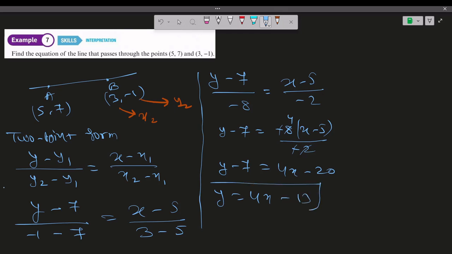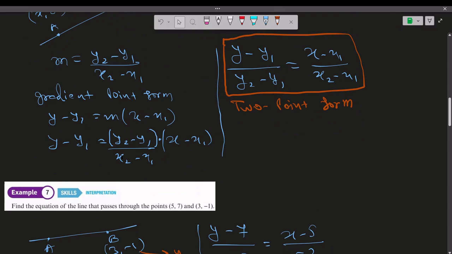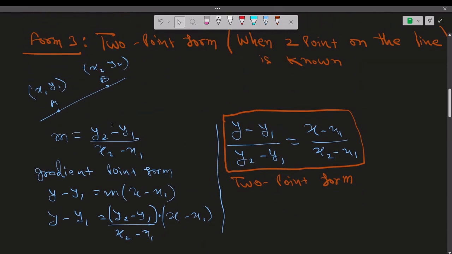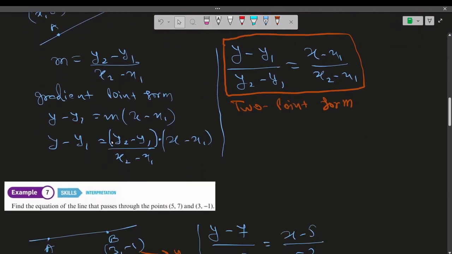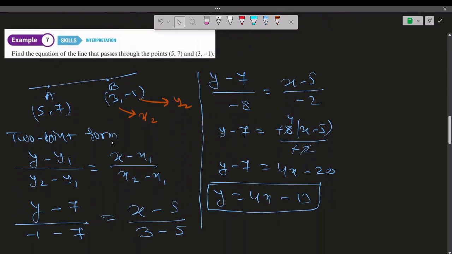So do we have the equation of the line? Yes, we have the equation of the line. By the way, this is the third form, where y minus y1 upon y2 minus y1 equals x minus x1 upon x2 minus x1. So this is about three different forms of a straight line. That's it.